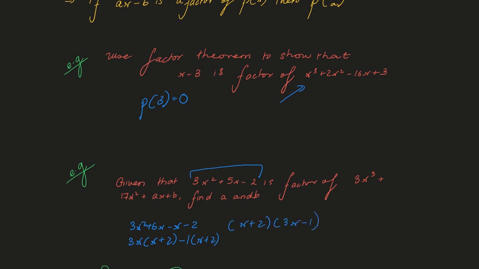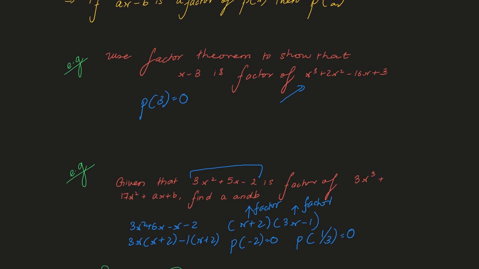So this is basically an entire factor. That would mean that first of all, this is also a factor and this is also a factor. So if x plus 2 is a factor, then p of minus 2 should be 0. If 3x minus 1 is a factor, then p of 1 upon 3 should be 0.